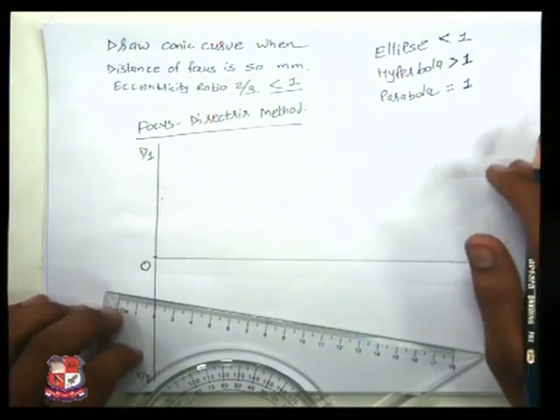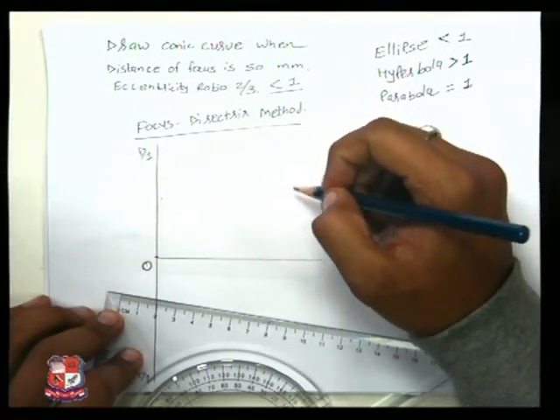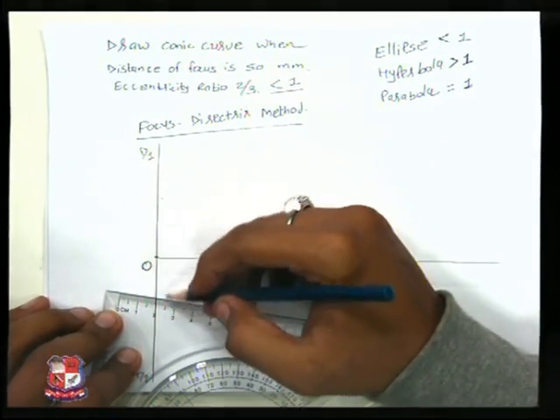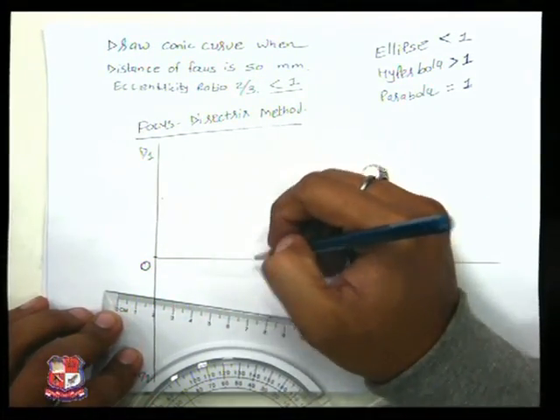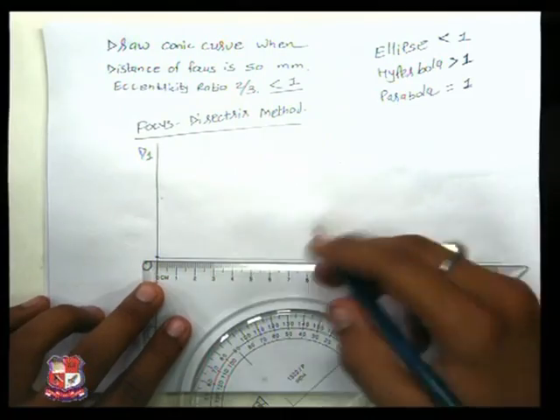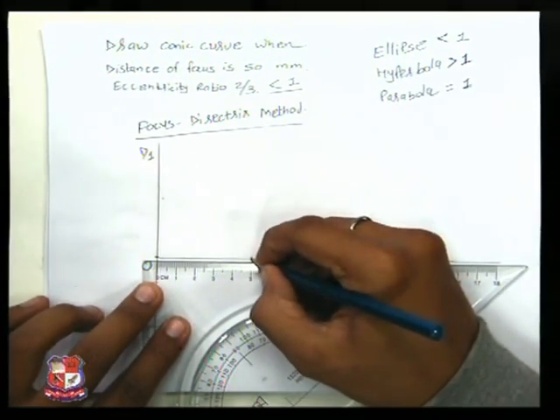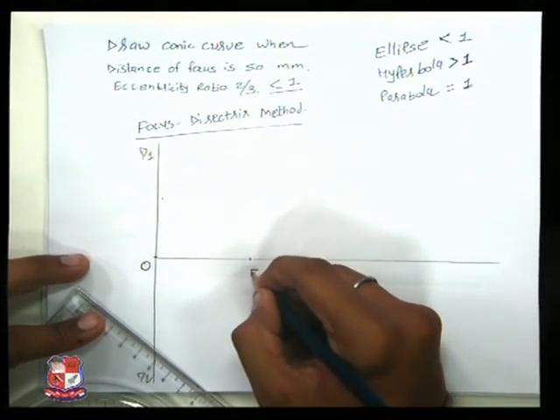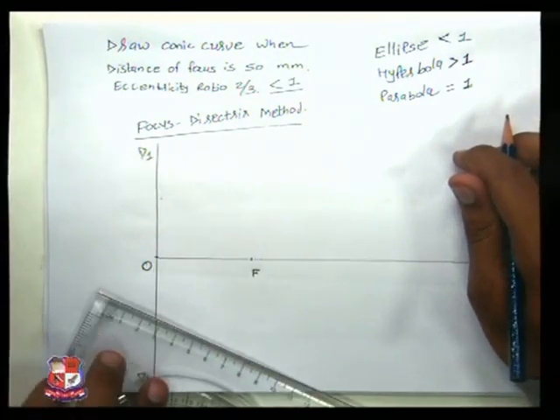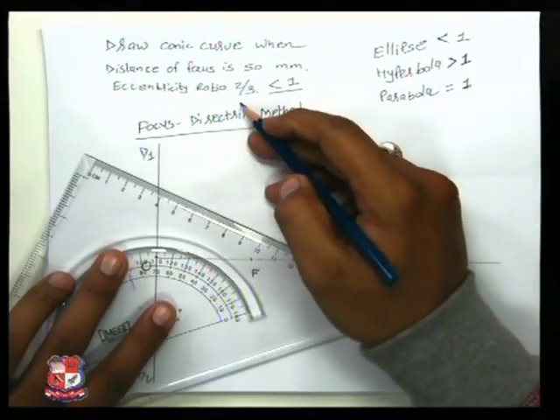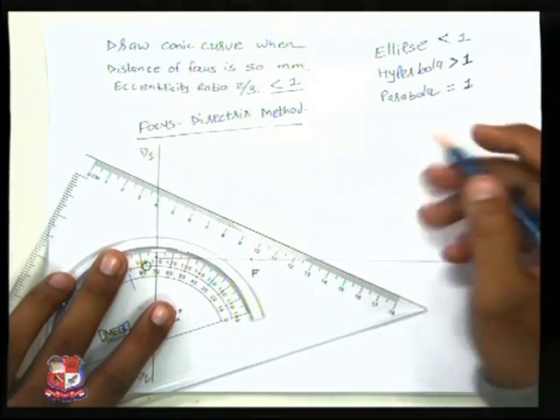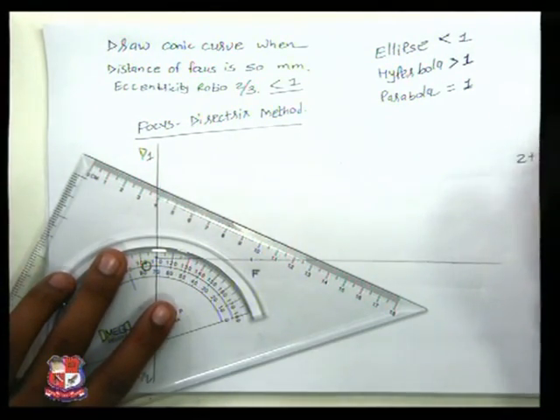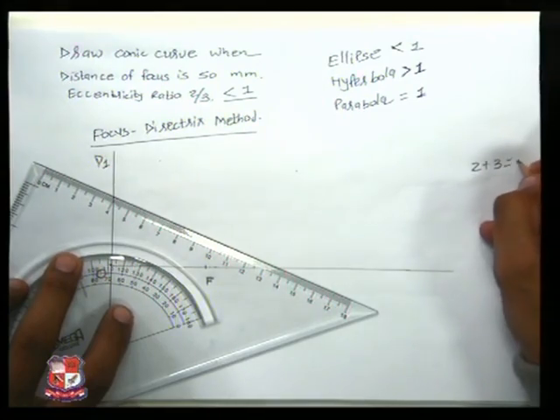Now the distance of focus from the directrix is given as 50 mm. From the directrix line, the distance of focus is 50 mm, which means that focus is here. Point number F is here. Now as the eccentricity ratio is given as 2/3, when we merge it, 2 plus 3 is equal to 5.